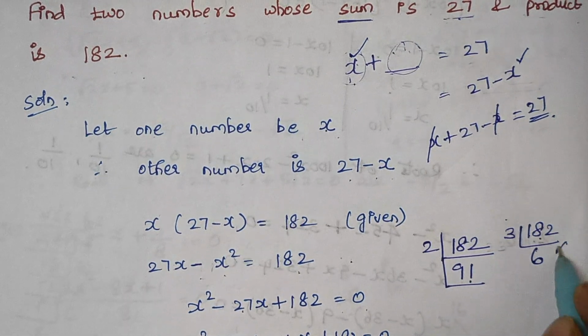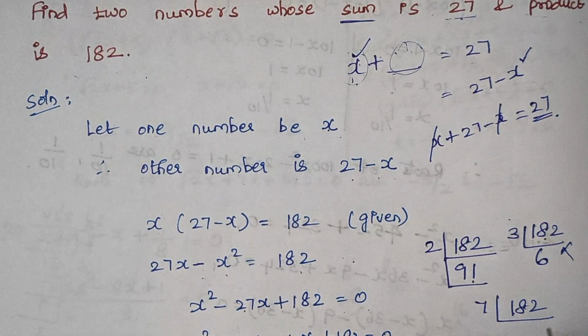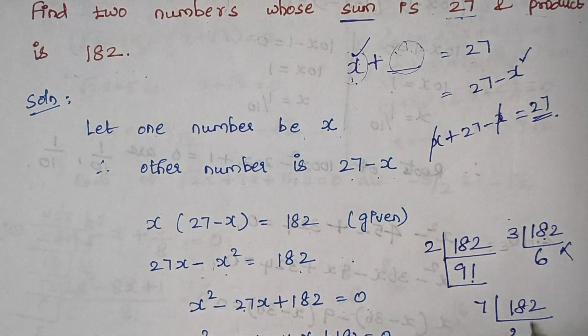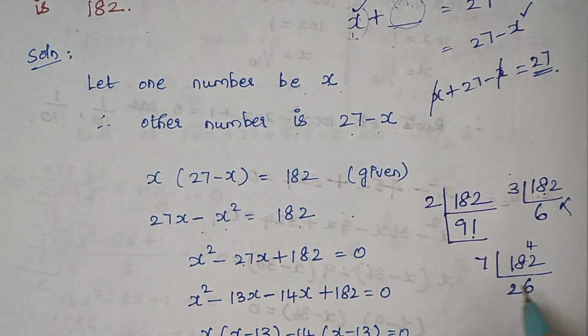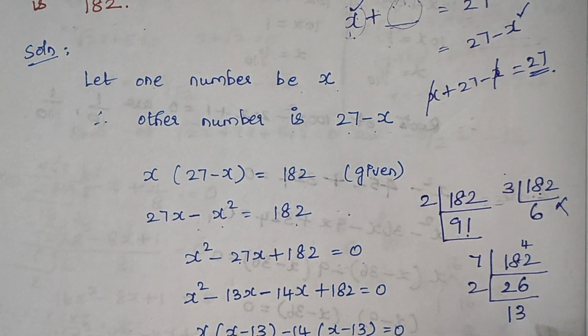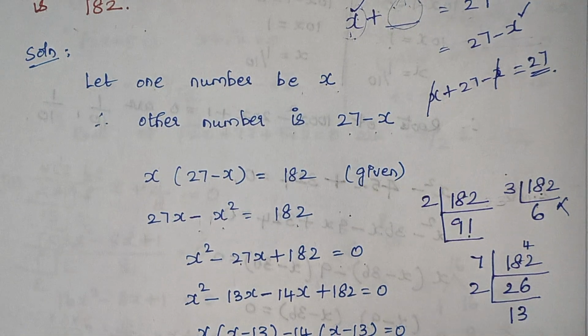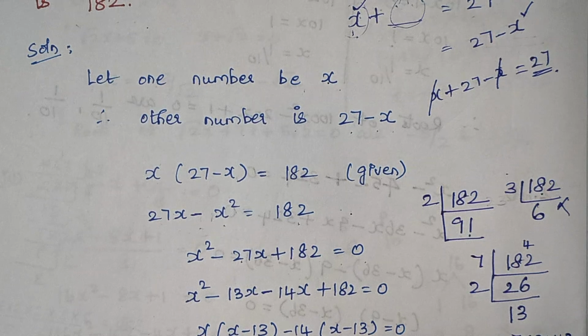So 182 by 7: 7 2s are 14, the remaining is 4, and 7 6s are 42. Now when you go by 2, 1 2 is 2, 3 2s are 6. So the factors of 182 are 7 into 2 into 13.